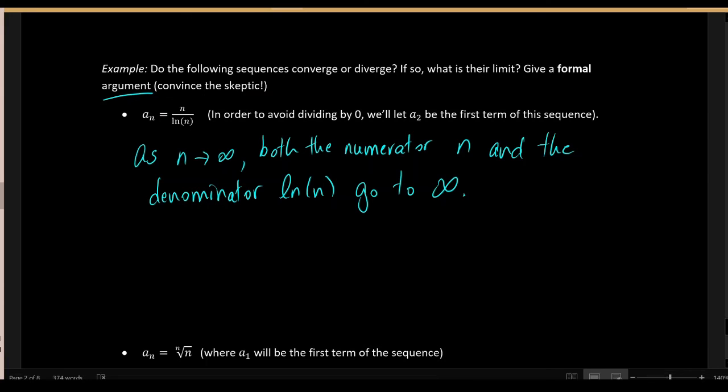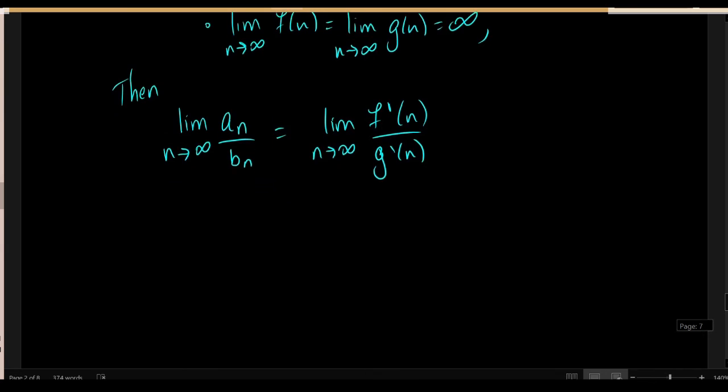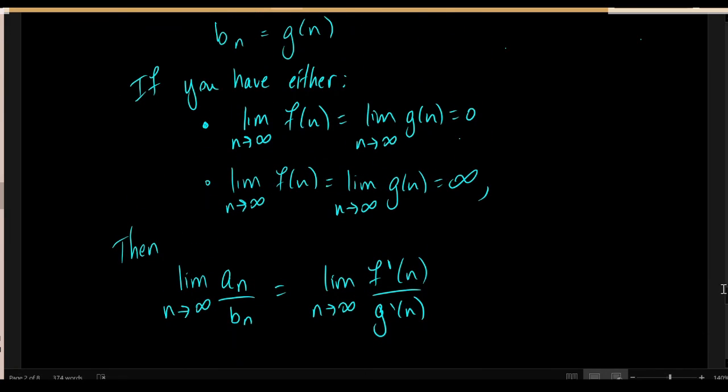Which means that L'Hopital's rule is unlocked. We have satisfied the hypothesis condition of L'Hopital's rule, because the limit of the numerator and the limit of the denominator are both equal to positive infinity.